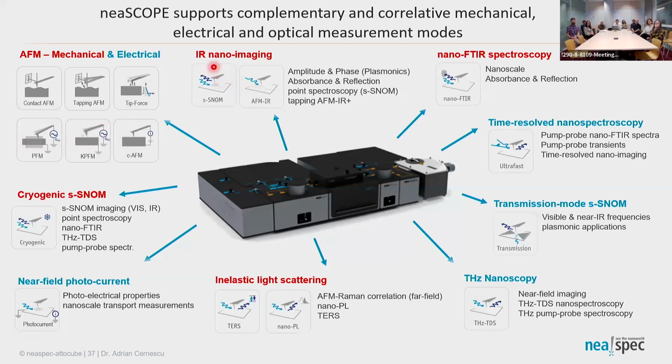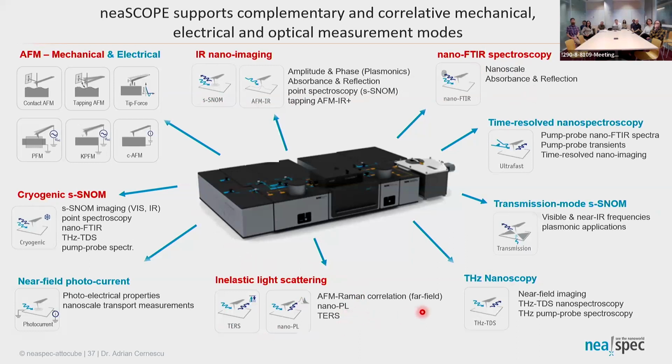I showed you some nanoscale infrared images done with the SNOM, the near-field optical microscopy, but also with AFM-IR, which is the photothermal technique. I showed you some spectra recorded with nano-FTIR, and very briefly, the possibility to do Raman and photoluminescence measurements.